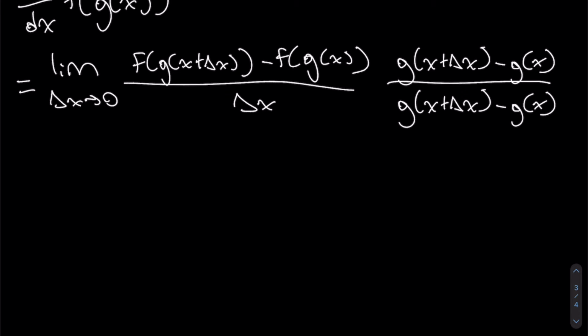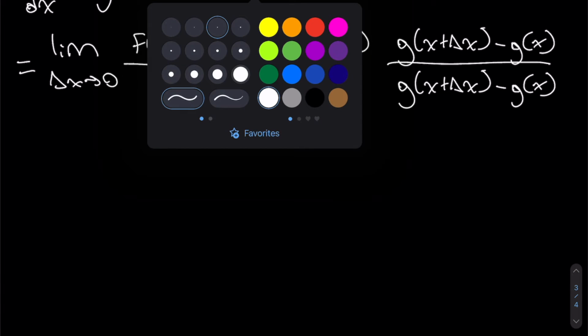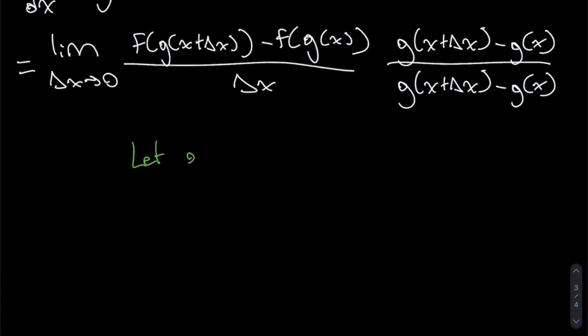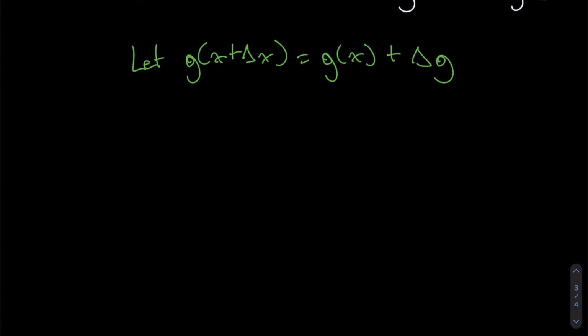So first of all, something we need to realize is that I can make a substitution here. I could say, let me do this in a different color, let g at x plus delta x equal g at x plus delta g. So I can write g at x plus delta x in terms of g at x plus some delta g.